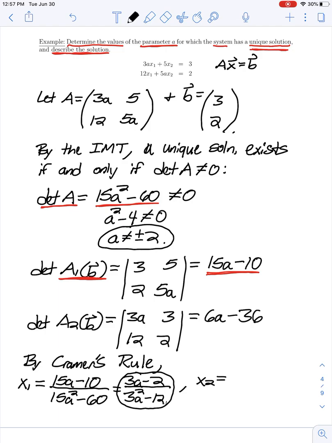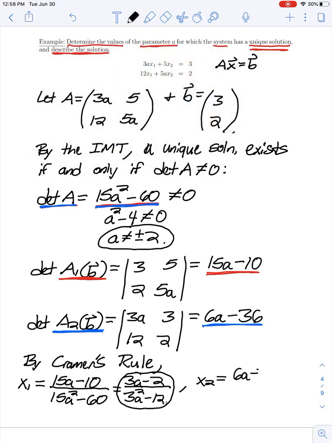And then for x2, we're taking the ratio of the determinant of A2 of B, which was 6A minus 36, and then dividing through by the determinant of A, which was again 15A squared minus 60.